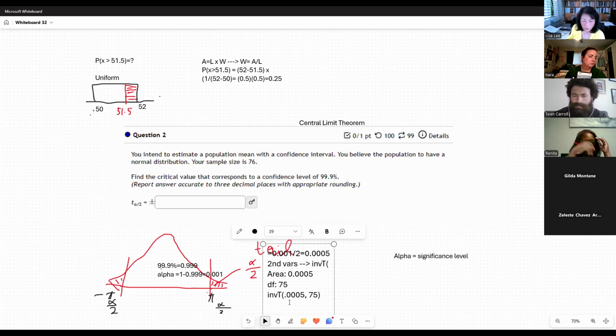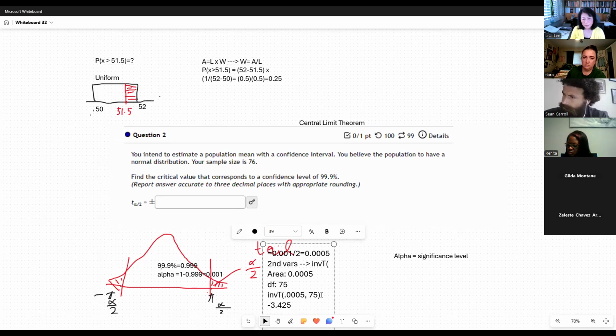So the answer, if you follow me, should come to negative 3.425. And I believe they want you to round to 3 decimal places. So that's negative 3.425.